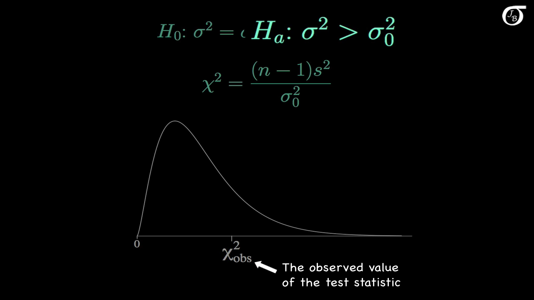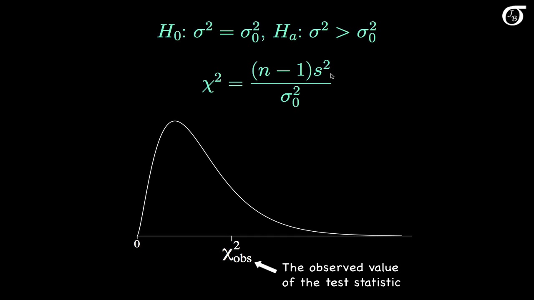If this alternative hypothesis is true, and sigma squared is greater than the hypothesized value, then the sample variance s squared will have a tendency to be greater than the hypothesized value, and the test statistic will tend to be large. So here, large values of the test statistic give evidence against the null hypothesis and in favor of this alternative hypothesis.